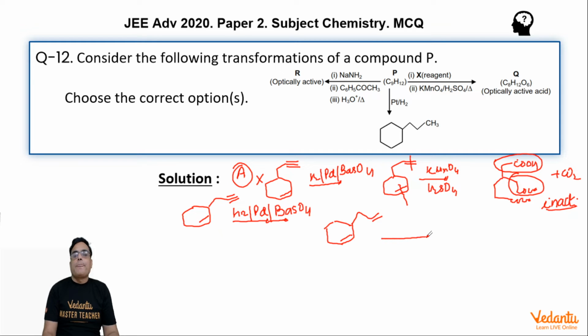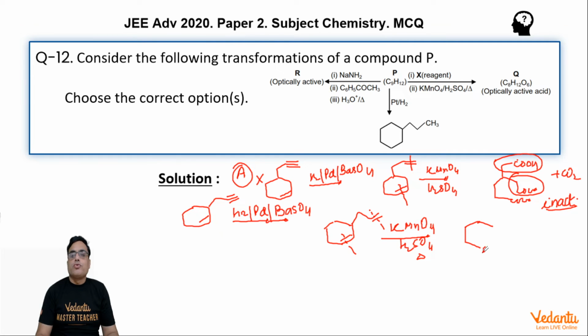Now if you treat it with KMnO4 in presence of H2SO4 and heat it up, this bond is broken and this bond is broken, and you have one COOH here, one COOH here, and one COOH here.